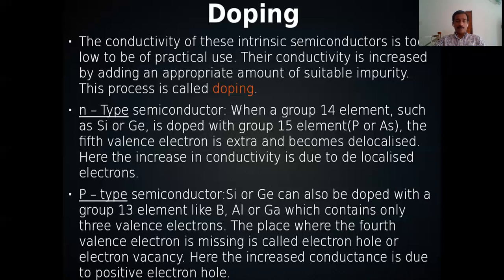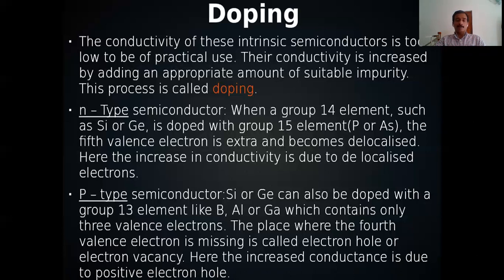Then what happens? Group 14 elements have 4 electrons in their outermost shell, and group 15 elements have 5 electrons in their outermost shell. 4 electrons will be shared and the 5th electron will be free. That can be considered as a delocalized electron.